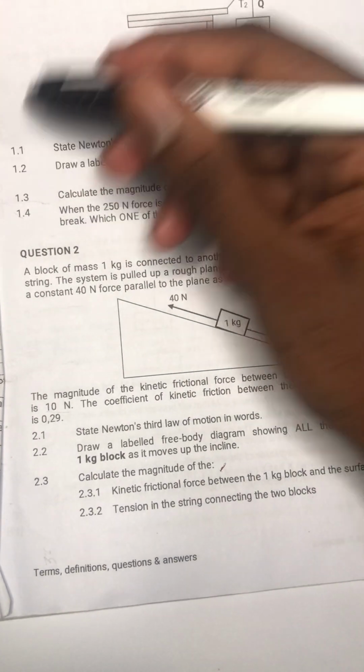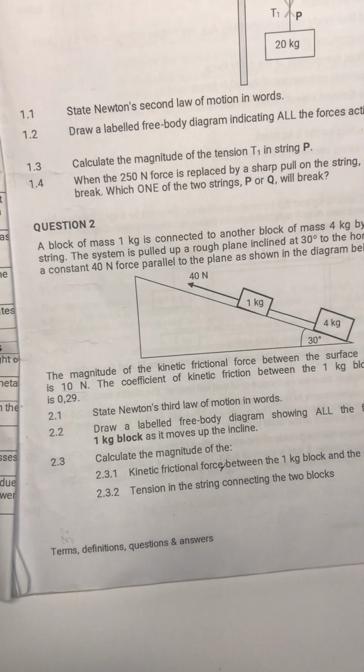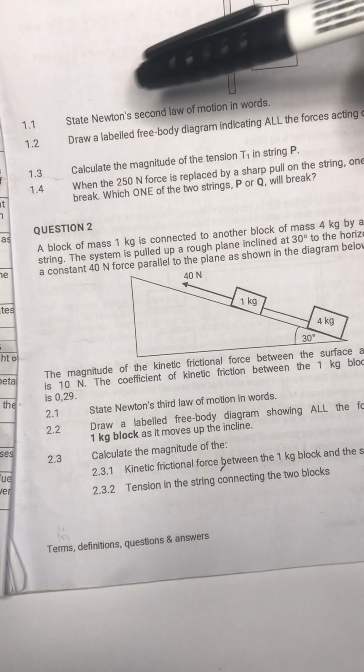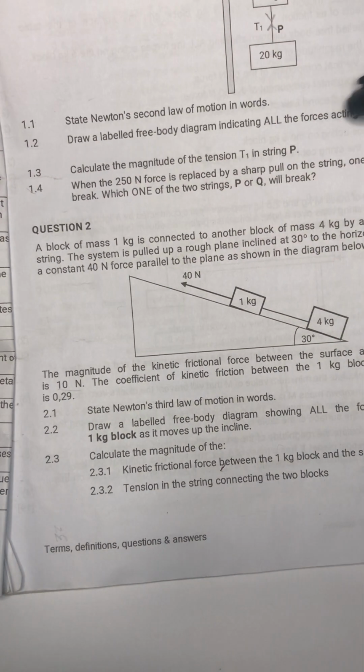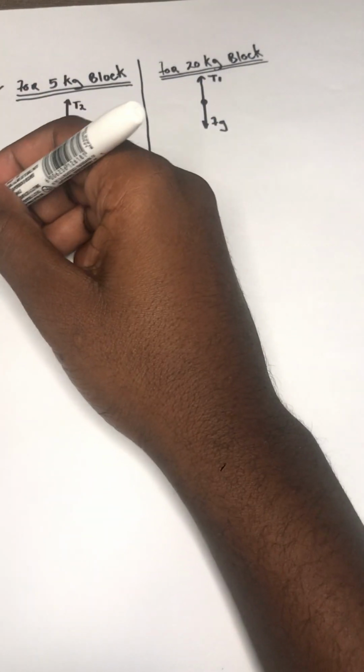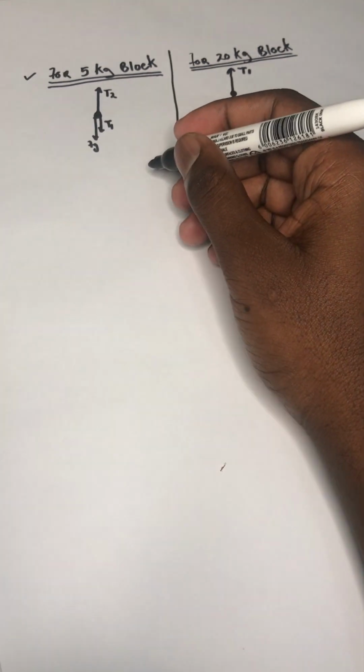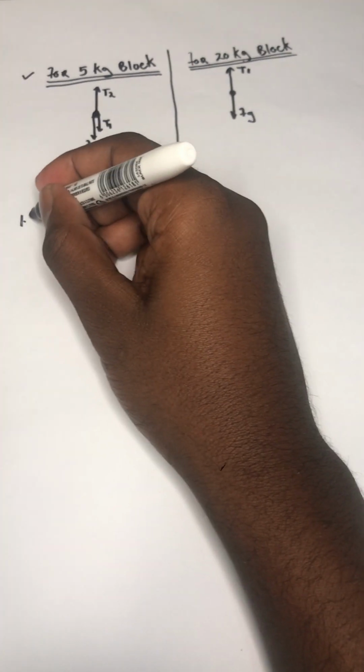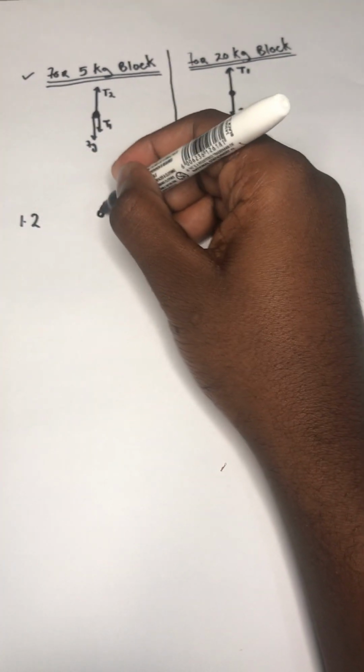You must know how to state this. Then 1.2: draw a free body diagram for the 5 kg block. Very easy.